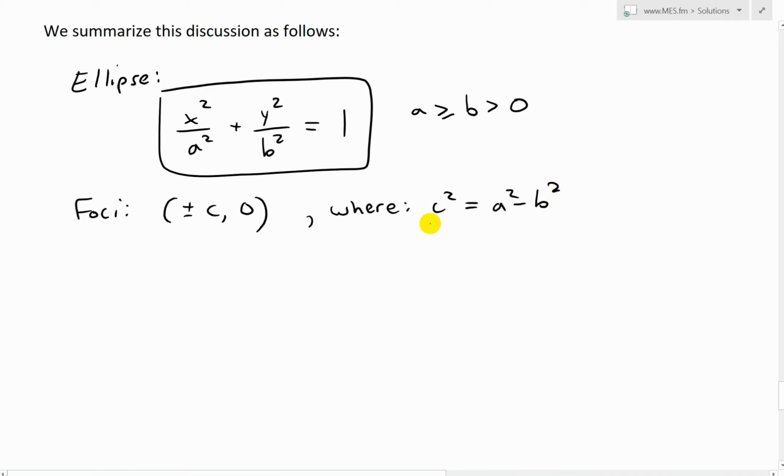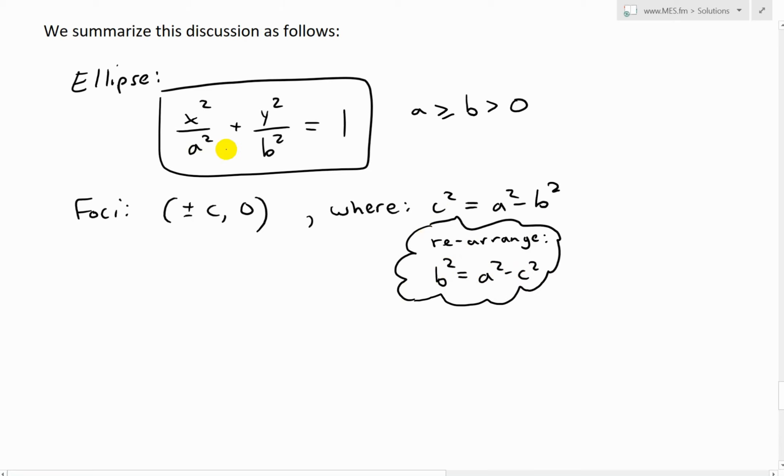And again, this is just rearranging the definition of b, where we let b squared equal a squared minus c squared. So if you move this over to this side and move the b onto the other side, that is what our c is equal to.